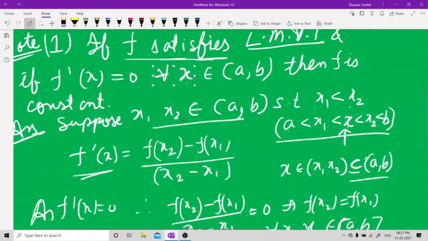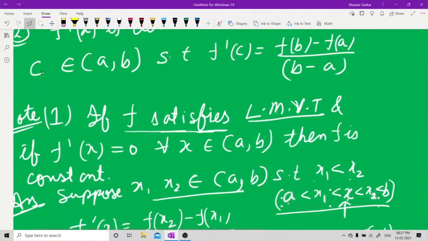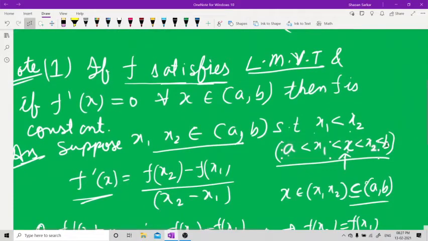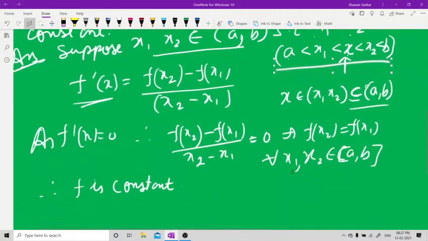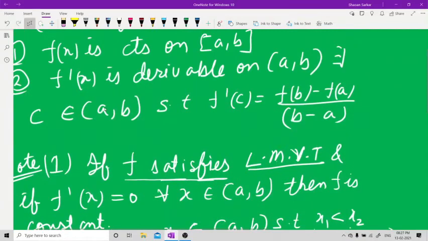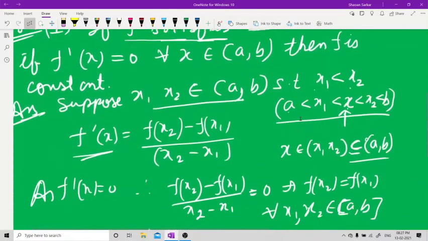Now I am applying this condition: here I wrote x1, here I wrote x2, and here I wrote x. So what does it become? f dash x is equal to fx2 minus fx1 upon x2 minus x1, same as what I have written here.